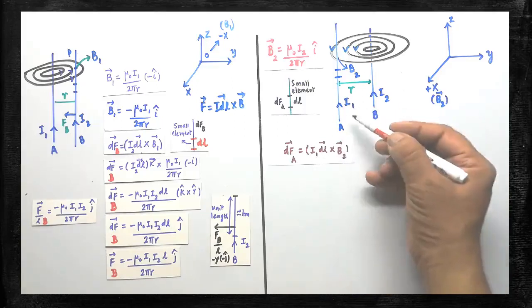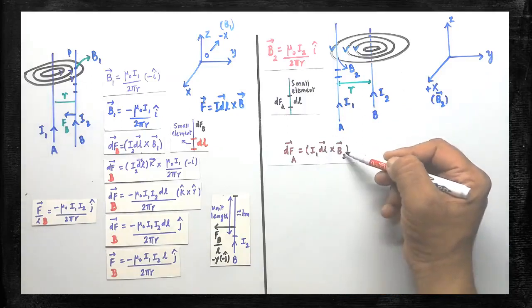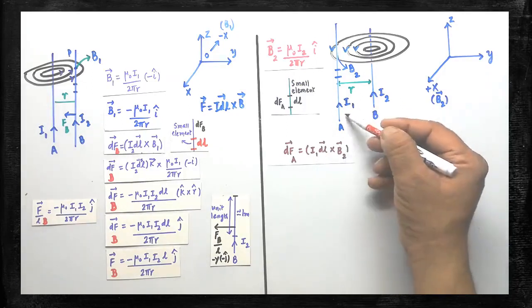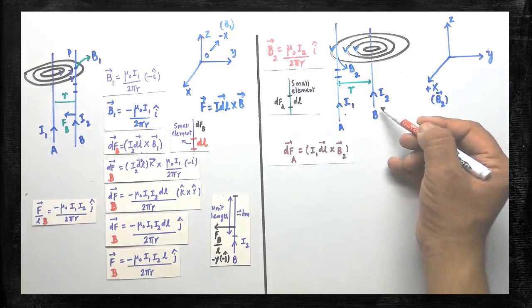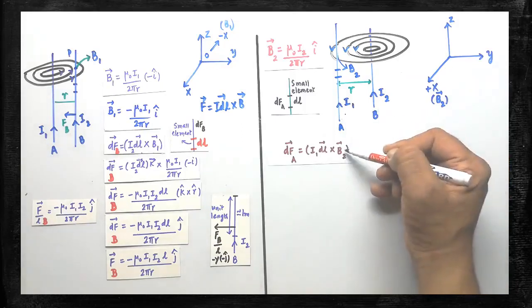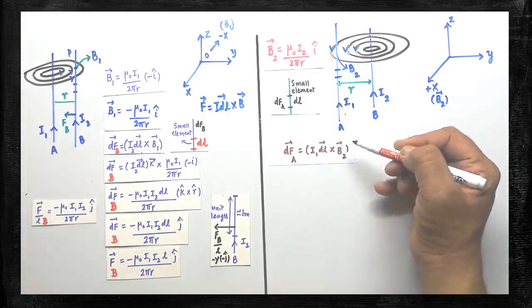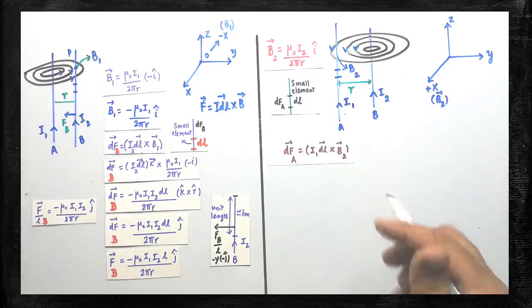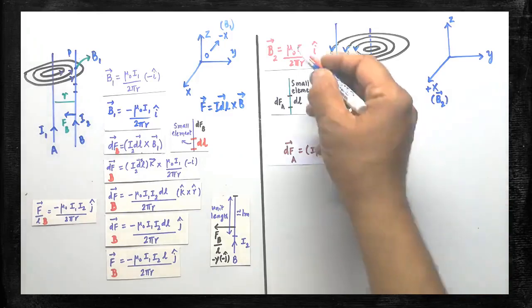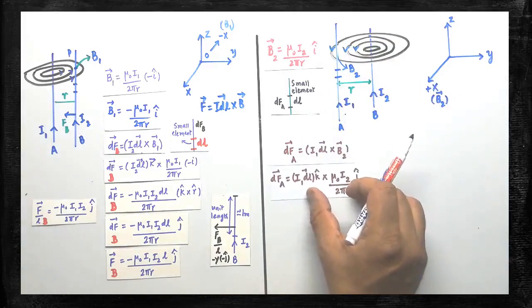Because the current passing through the first conductor is I1. What is B2? B2 means the first conductor is placed in the field of the second conductor. That's why this is written. Now what we have to do? In the next step, we have to substitute B2. I1 dL is there, already B2 is there. This B2 is to be substituted here. After substitution, you will get this equation.